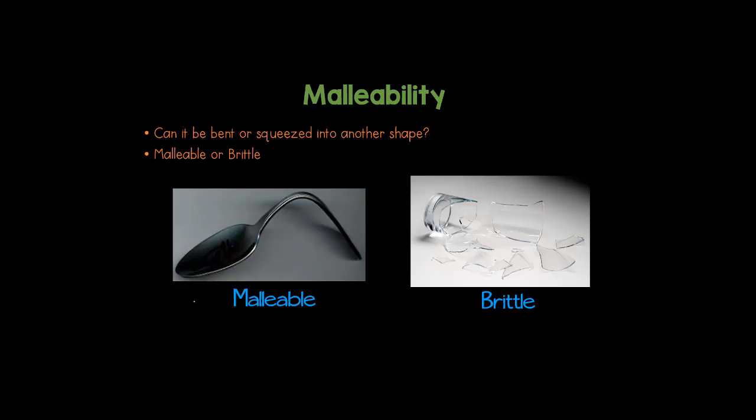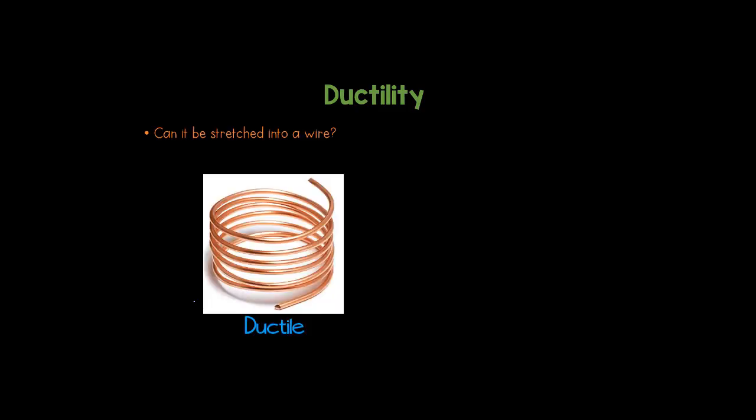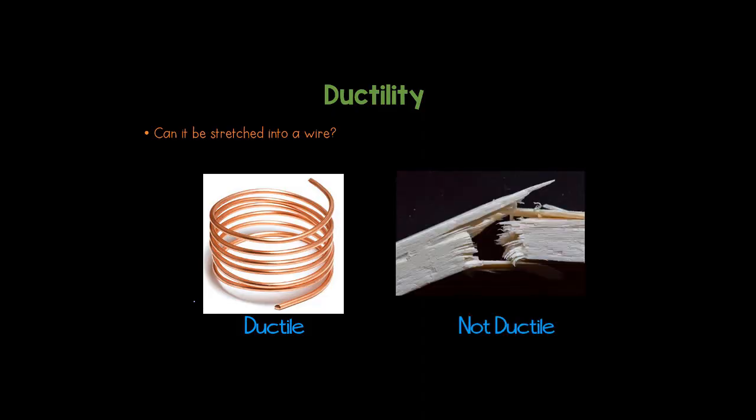Our fourth word is ductility. A material is ductile if it can be stretched out really thin to form wires. Here's a picture of a coil of copper wire, so copper is ductile. A material that is not ductile will break if it gets stretched more than just a little bit, like this piece of wood. Usually, ductile materials are also malleable because obviously, in order to get them stretched into wires, we have to bend and shape them.